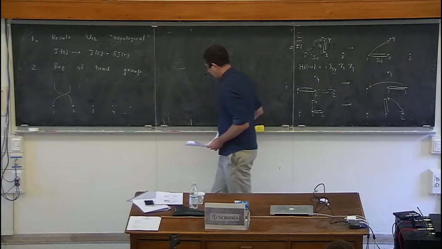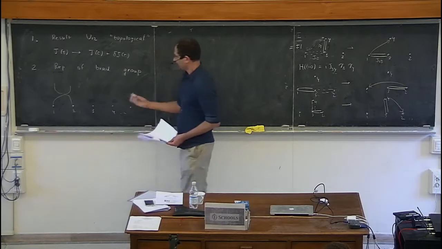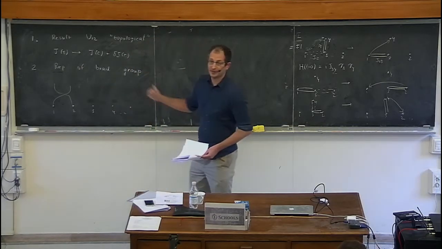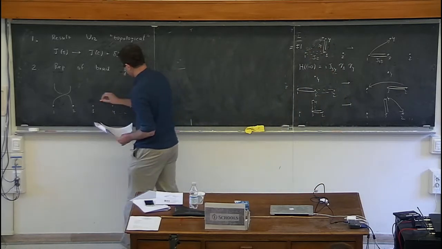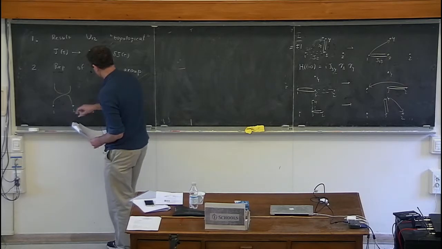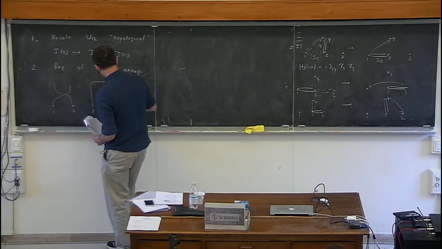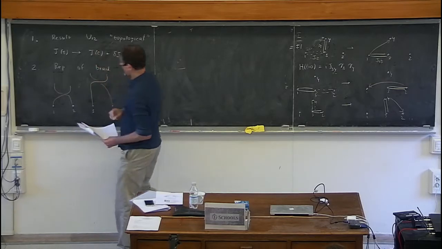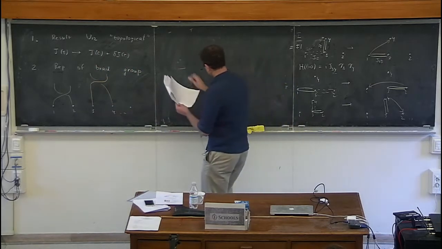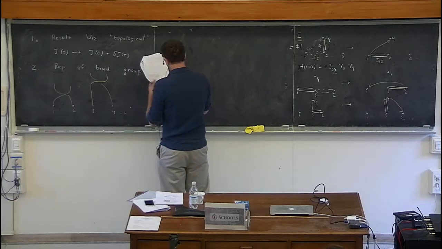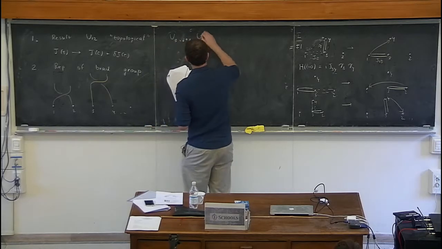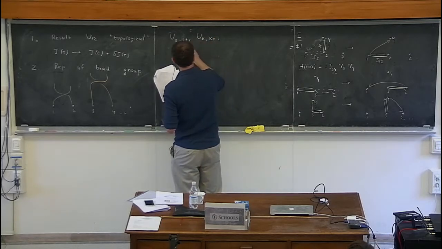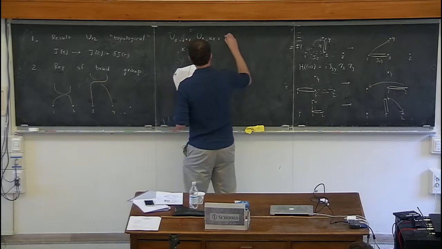And the braid group is basically the group of all the sequences of braiding operations that you can form, but it has certain constraints. So for instance, we require that if you braid 1 and 2, and then braid 3 and 4, these two operations commute. Or more generally, if you braid j and j plus 1, and then you braid k and k plus 1, if k is bigger than j plus 1, these two things commute.